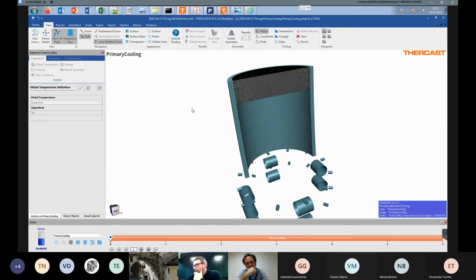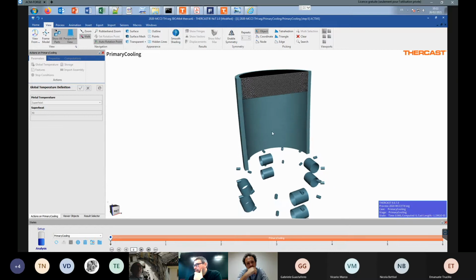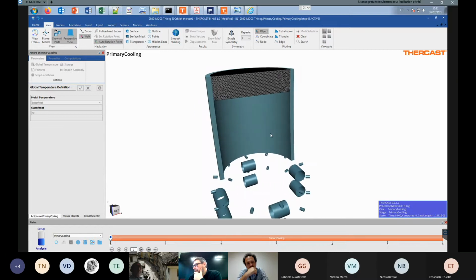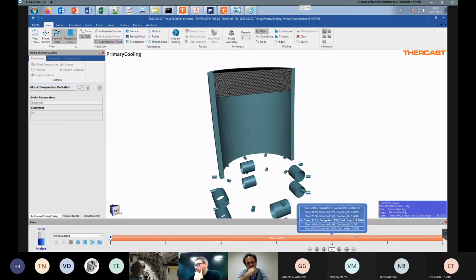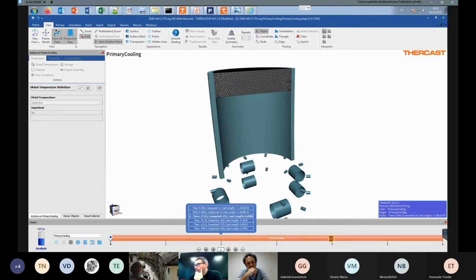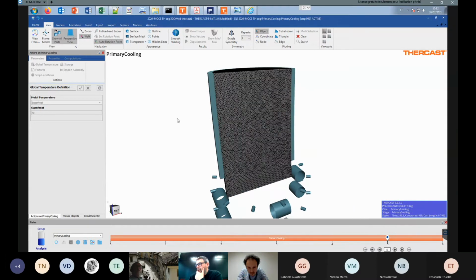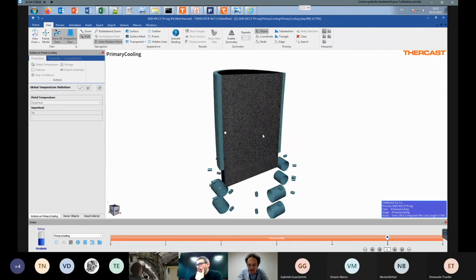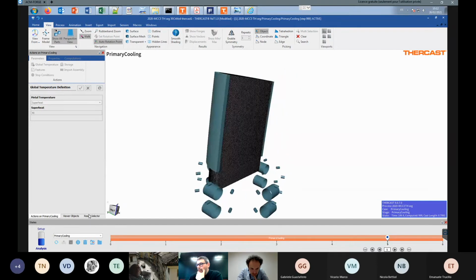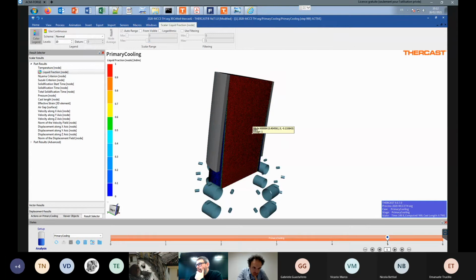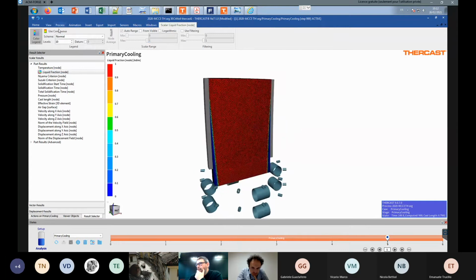So here you can see what we do most of the time, which is to compute the evolution of casting. So here we are dealing with primary cooling. So we have the steel, and you can see here the solid fraction.